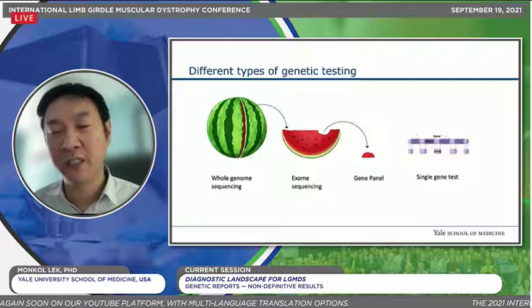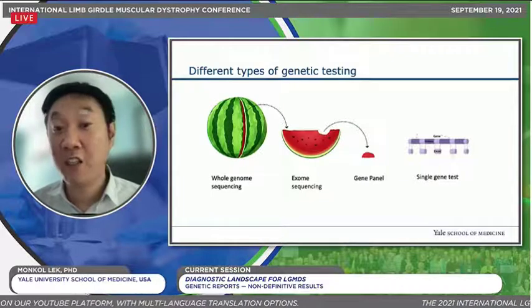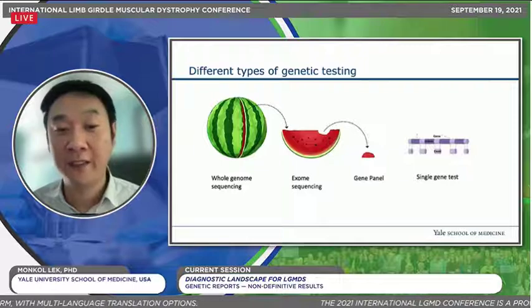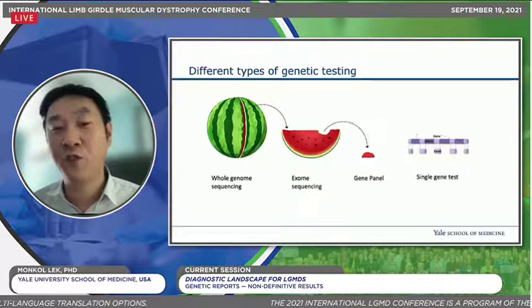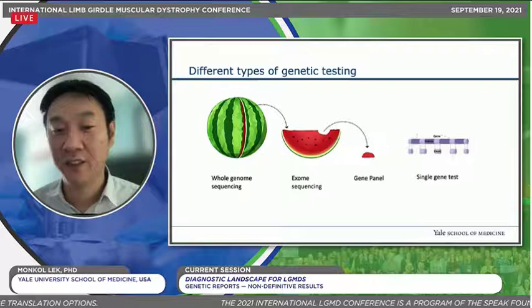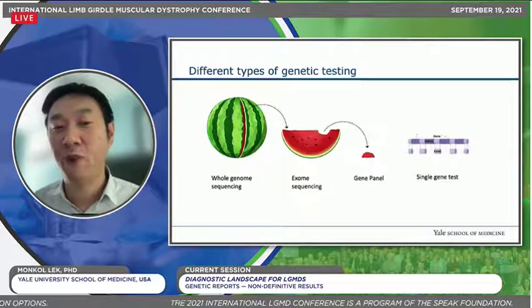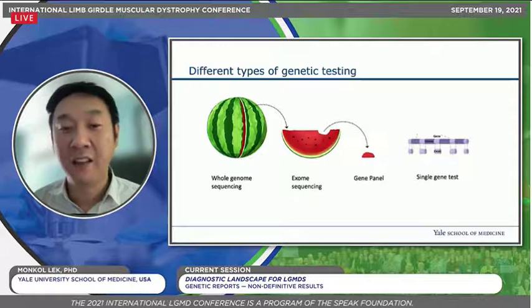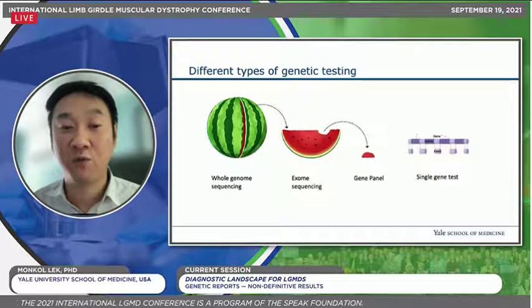In terms of the recessive ones, these are your calpain 3, dysferlin, and also FKRP. So the idea is, let's go for the most obvious genes first. This is a very cost-effective way of doing it, and it reduces the burden on the analyst who is going through the results.